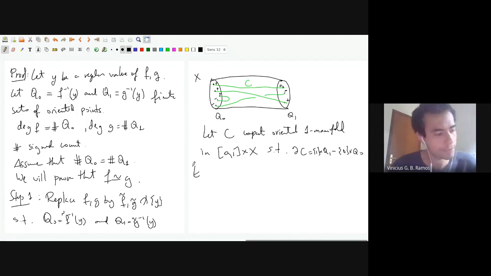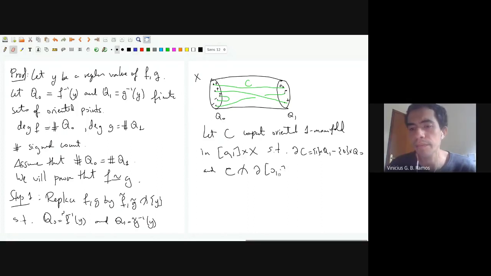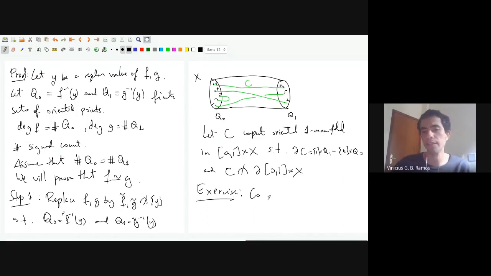Okay, so an exercise. Oh, I also want to assume that C is transverse to the boundary. I want to assume that C is transverse to the boundary of [0, 1] times X. Okay, so an exercise is to do what I said earlier, that I draw this picture, but I actually do want you to be a little more precise, at least once.